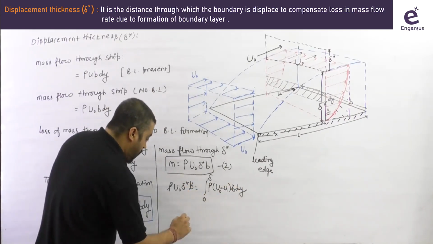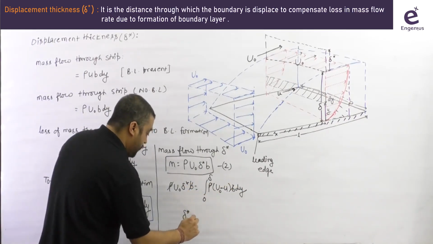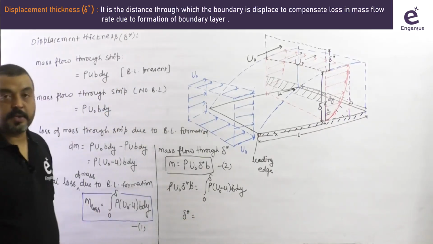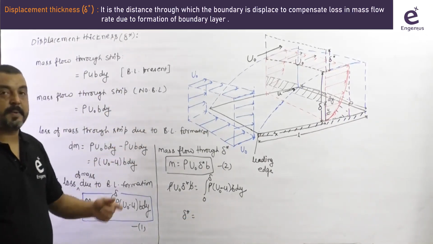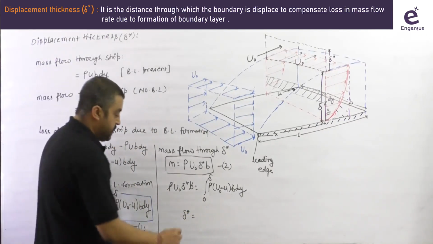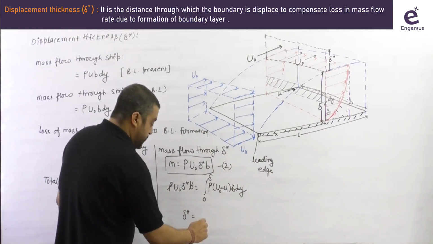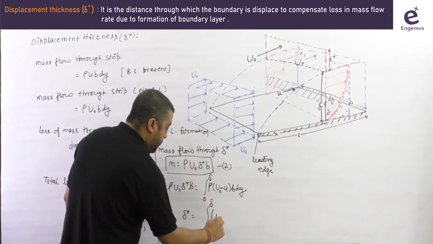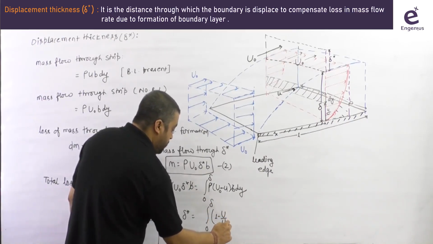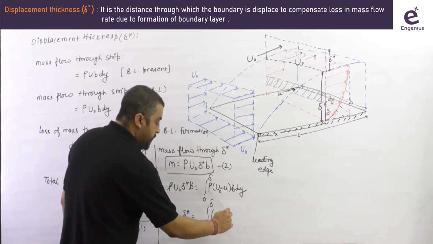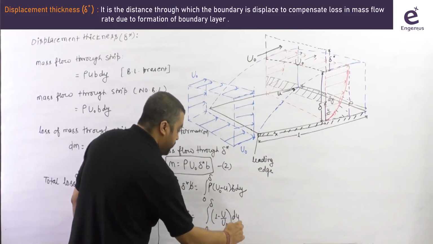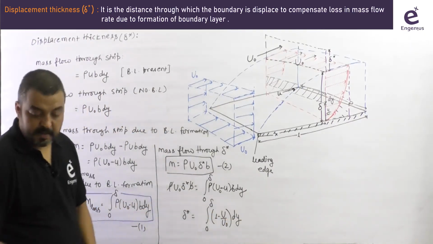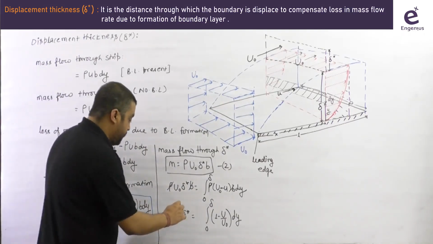So how much delta star do I need so that I can exactly compensate the loss of mass? In this case I can say delta star equals the integral from 0 to delta of (1 minus u by u naught) dy, because u naught goes down here. And this delta star will be our displacement thickness.